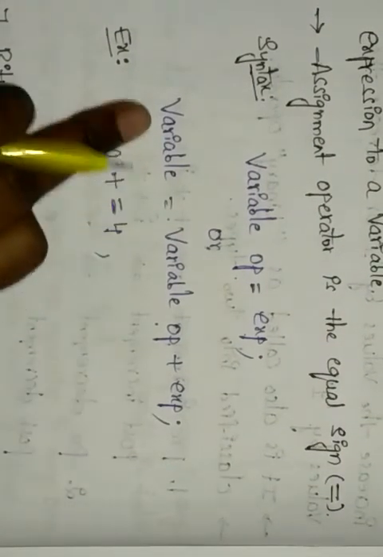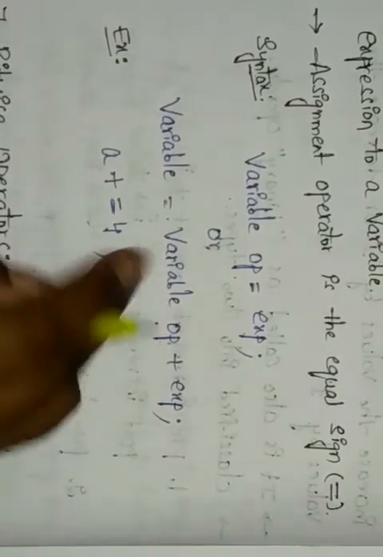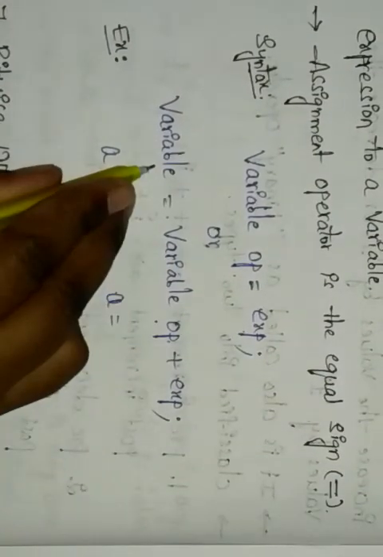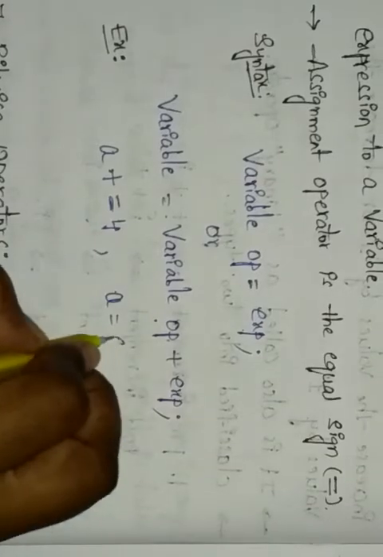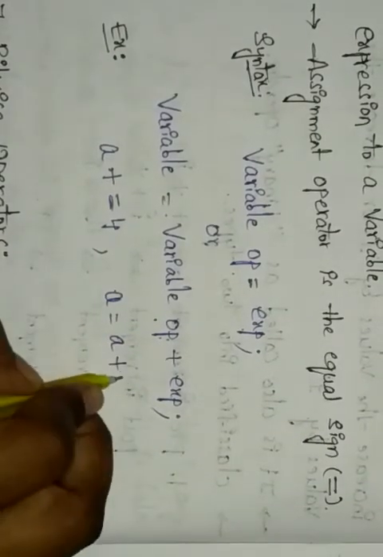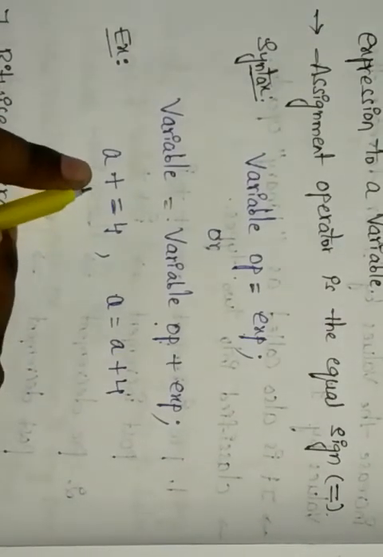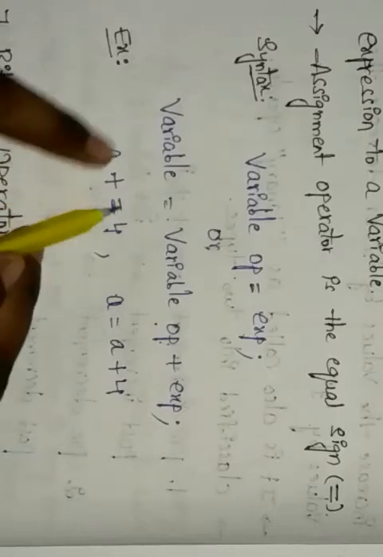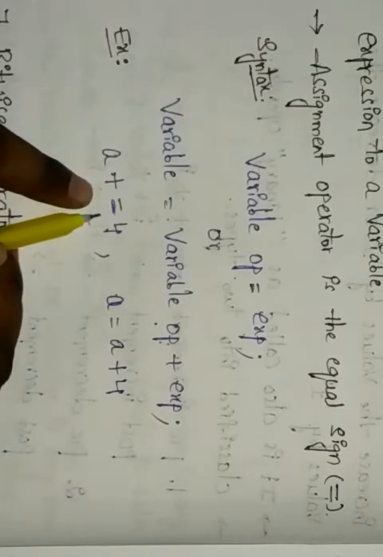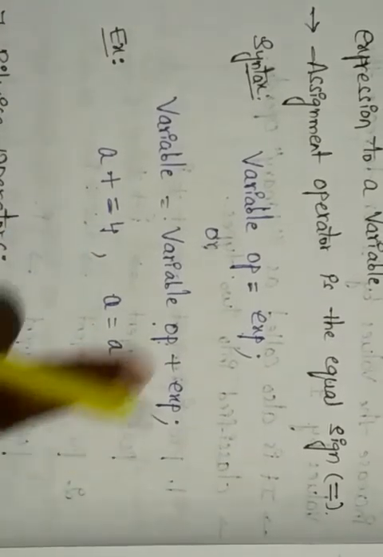Or else, by this also you can perform: variable A, the same variable we took before, then the operator, and next the expression. In this, after the plus operator we give equal to, which before we gave earlier. So like this we can perform these two.